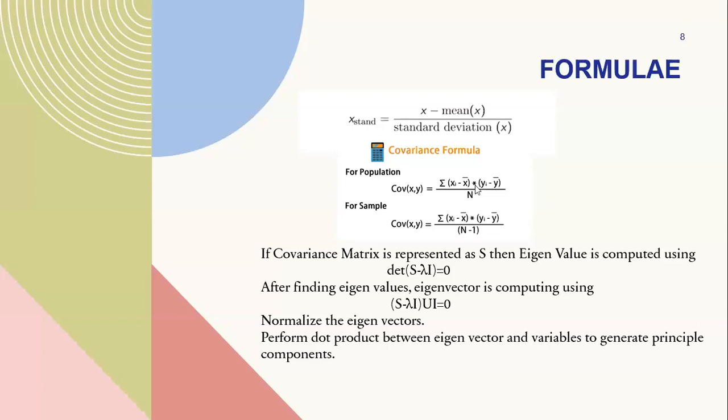Lambda is the eigenvalue. So S is the covariance matrix. I is the identity matrix. You know very well what an identity matrix is. Suppose it is a 2 by 2 matrix, the values are 1, 0, 0, 1. So I will solve this equation S minus lambda I equal to 0 to find the value of lambda, since it's a normal expression, right?